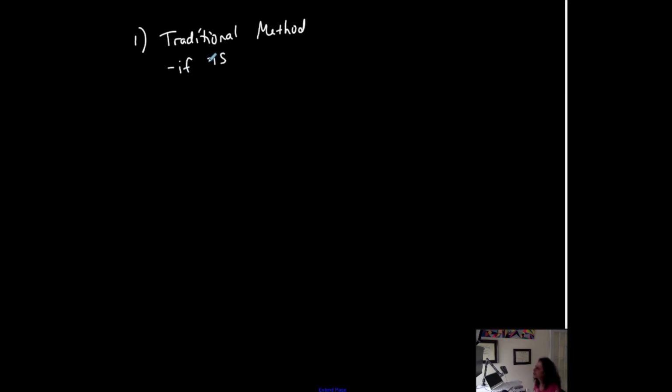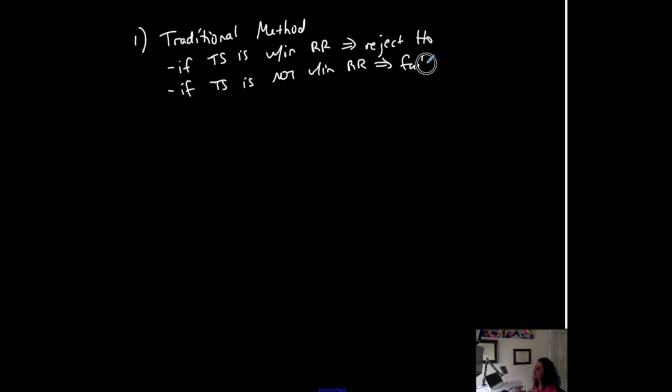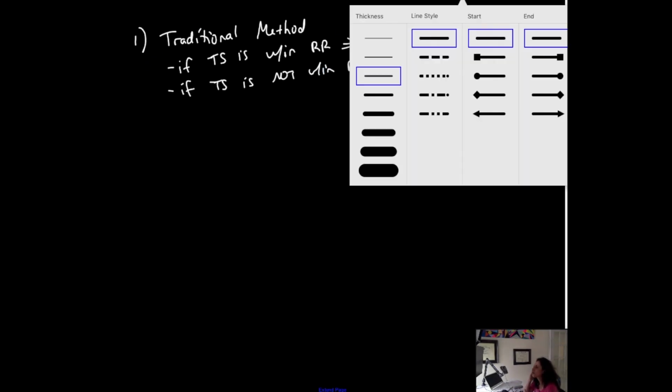That is the traditional method. Or if the test statistic is not within the rejection region, then we fail to reject the null. That's why we call it the rejection region. That's where we reject the null. So let's see, based on the traditional method, what our conclusion is.